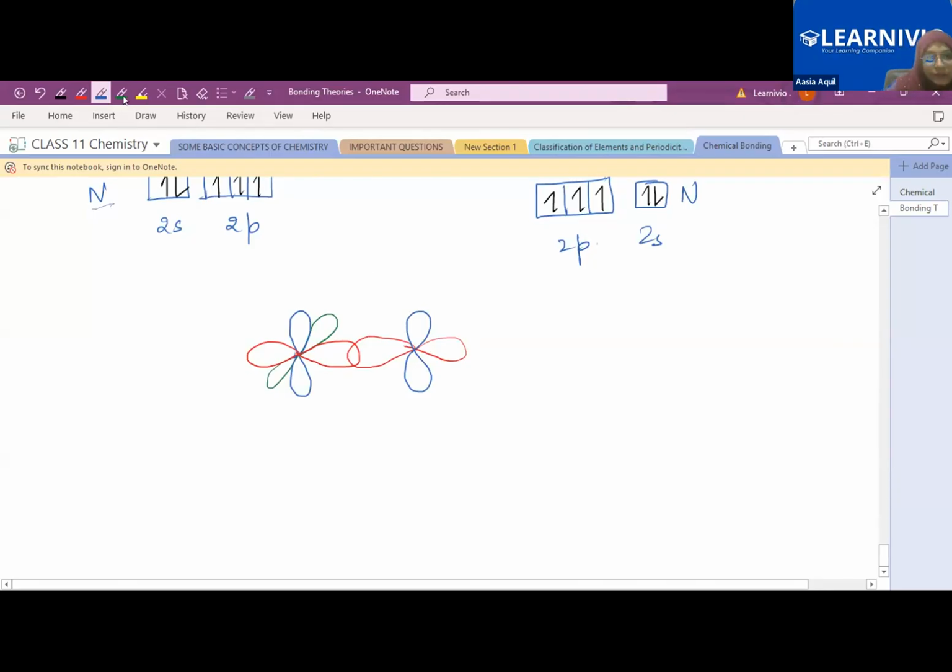Now the third one is your pz orbital between these two. Okay, let me show. Just a second. I have to show the thing. So मैं थोड़ा elongate बनाती हूँ.